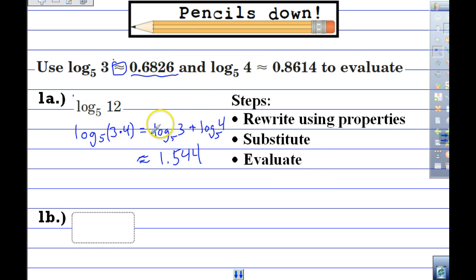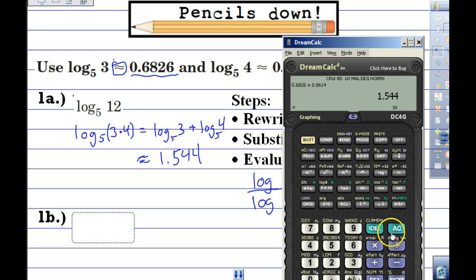So the fastest way you'll do this would actually be in your calculator, punch in log of 12 divided by the log of 5. And that will actually give you the same answer. You can verify that here.